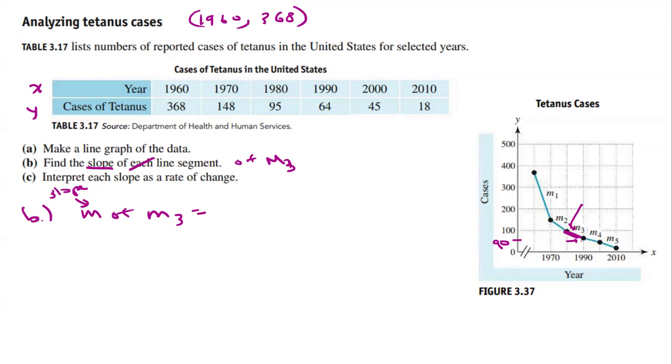So in this case, that would be 1980 and 100.